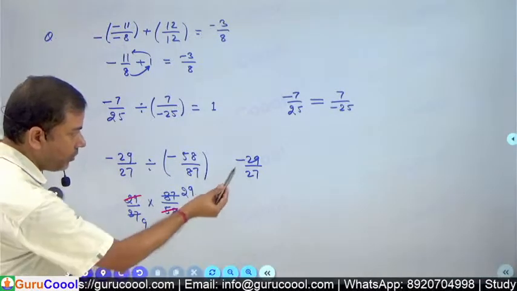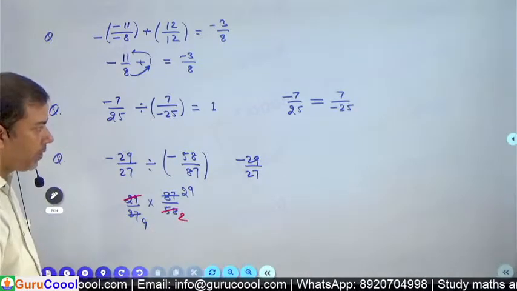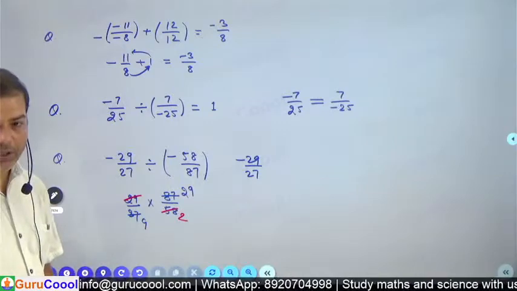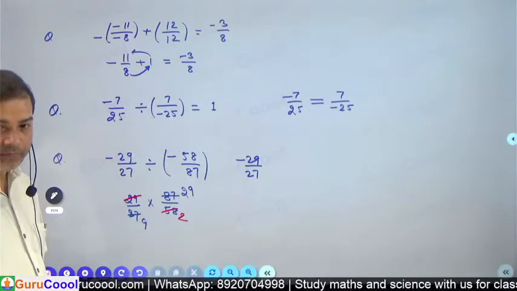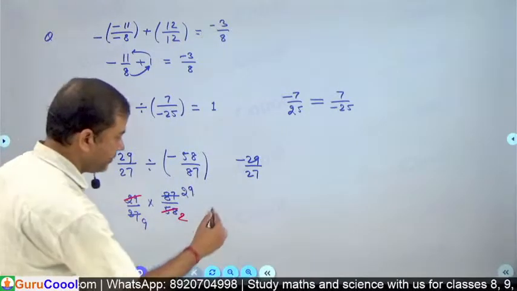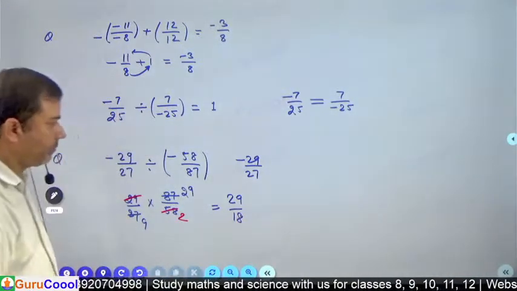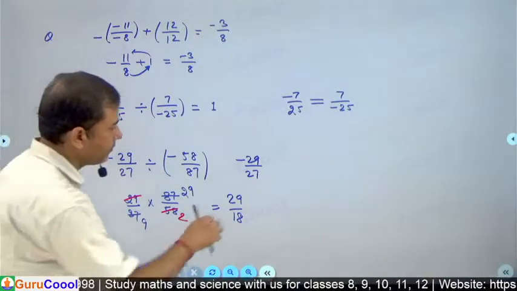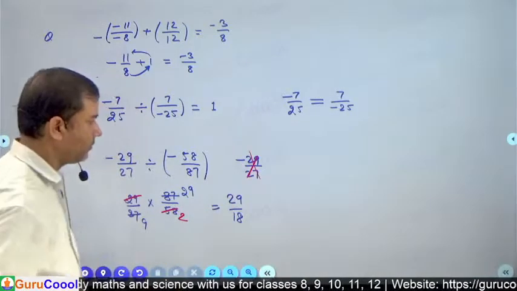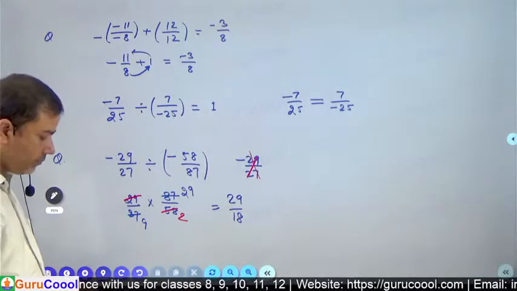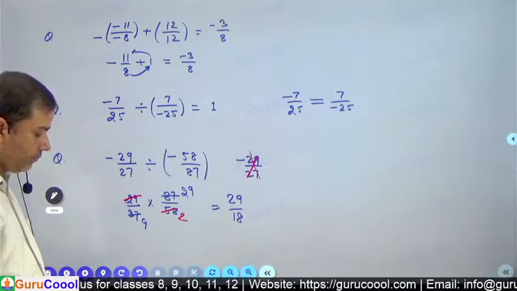So your numerator value should be positive 29 and denominator should be 18. Right? Yes, sir. 29 by 18. So this is wrong. Got it? Yes, sir.